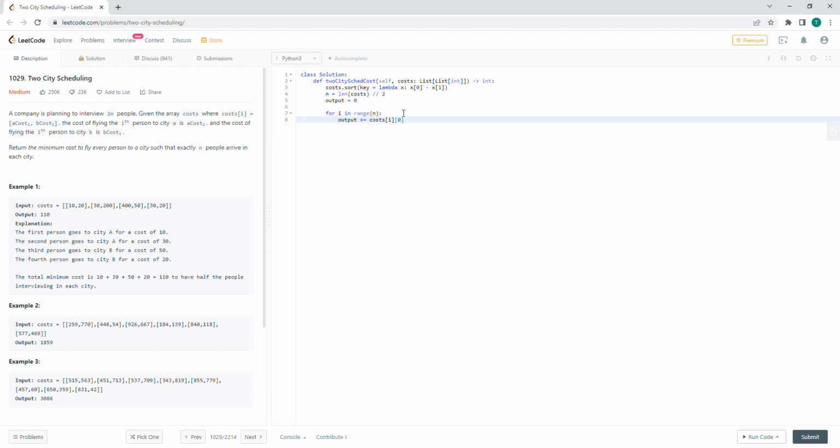Meaning that we are going to increment the output with the cost at index i for each of the elements in costs. That means that if we are able to sort it, we take the first element, and we just add up all the costs into our output, cumulatively.